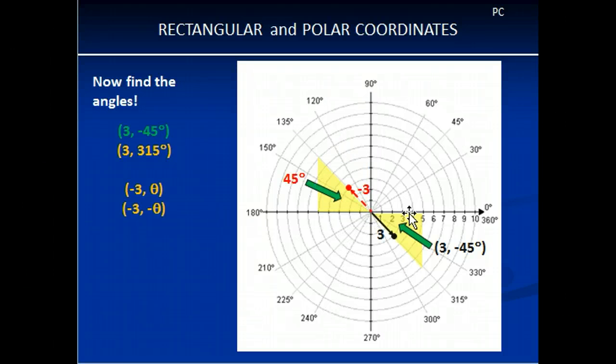And you will notice that if I take my first 3 and negative 45 degrees, I can tell that this triangle right here, this theta, if I look at this angle, that's a 45-degree angle.